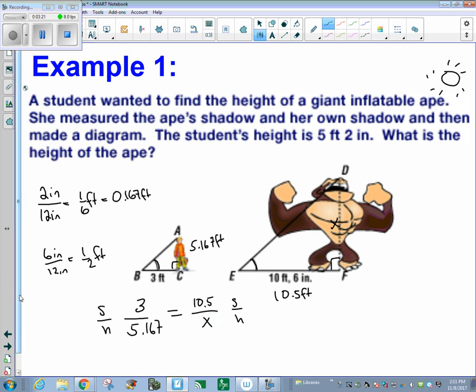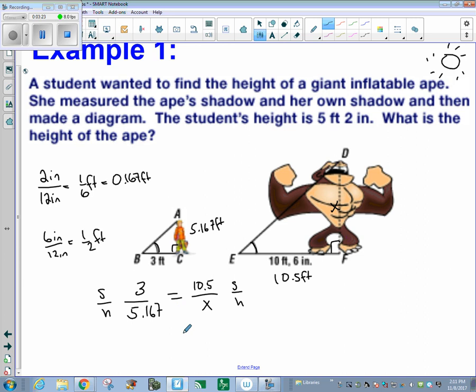So one of our ways of undoing this is to cross multiply. I will multiply the 3 by the x, so 3x will equal 10.5 feet times 5.167 feet, and that's approximately 54.2535. Then the only thing left to find the actual height of the gorilla is to divide by 3 to get x to stand alone.